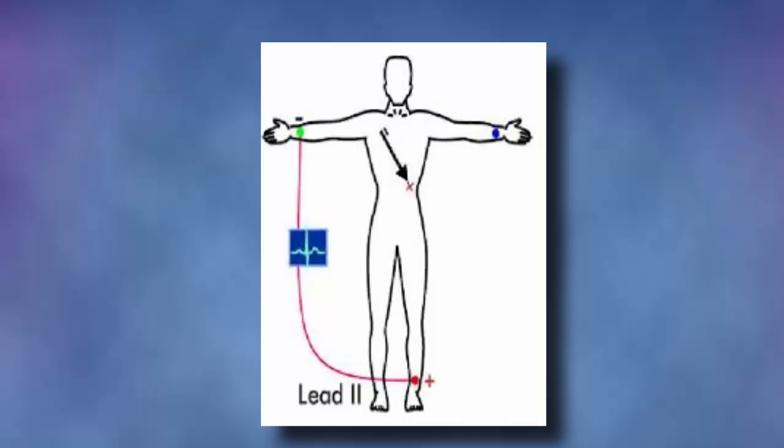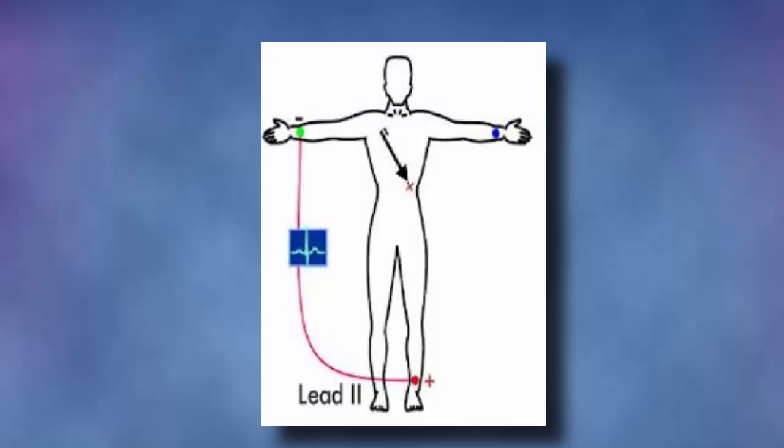Recall that the positive electrode is on the left ankle and the negative electrode is on the right wrist. If we look at the arrow in the center, the mean axis of ventricular depolarization is downward to the left. I explained that lead 2 runs pretty parallel to the mean axis of ventricular depolarization.